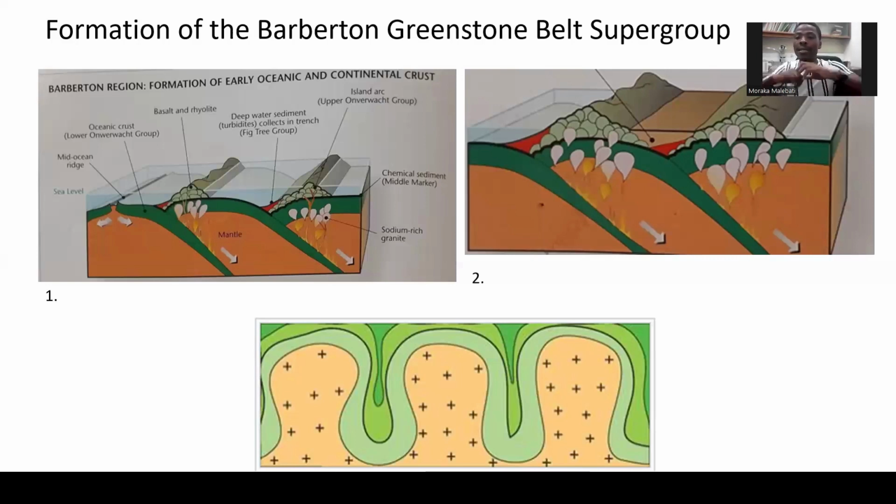When they are compressed like that, they form granite gneiss complexes, which occur right in between the greenstone belts. All right, which is why the greenstone belts are the ancient remnants of oceanic crust, and they occur right in between the TTGs.